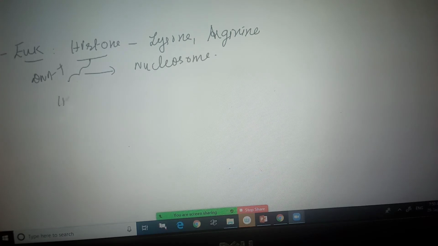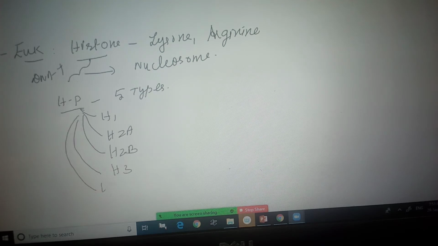Now when I talk about histone protein, there are 5 types of histone protein. What are they? H1, H2A, H2B, H3 and H4. These are the 5 types. Of these, 4 types occur in pairs and constitute the histone octamer.